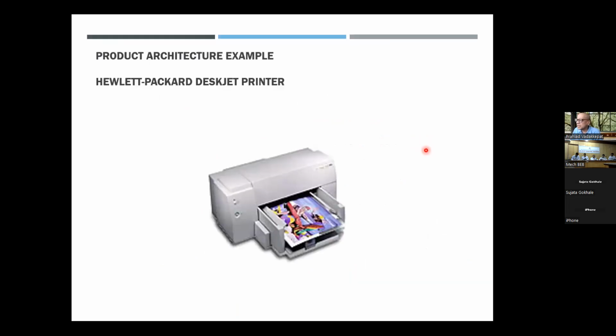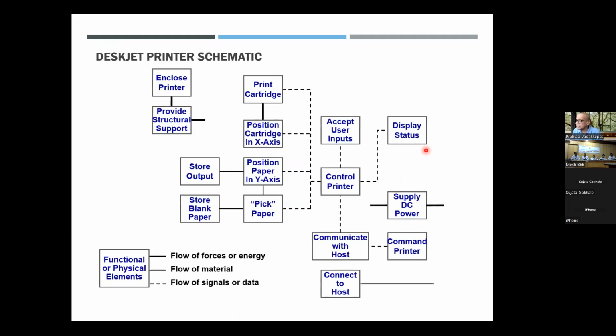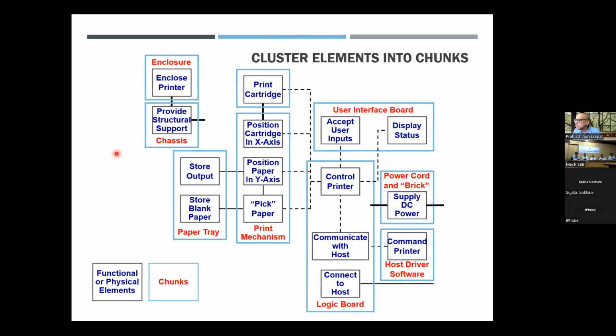Another example: Hewlett-Packard's old DeskJet printer. Here, they try to put it into functional or physical elements, and then cluster the elements into chunks: enclosure, chassis, paper tray, print mechanism, user interface, logic board, power cord, host drivers and software.